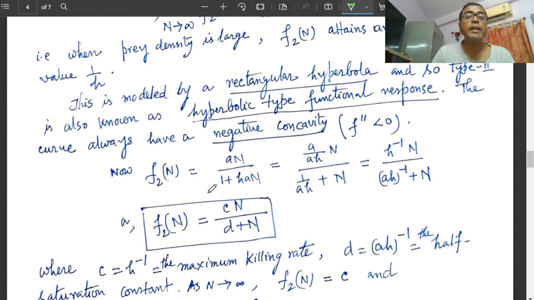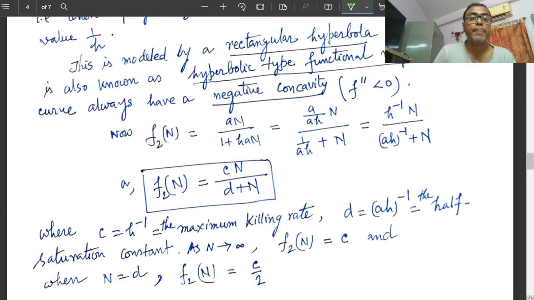And f2(n) equals an/(1 + ha·n). Dividing the numerator and denominator by ah, we cancel, and get f2(n) = h⁻¹n/((ah)⁻¹ + n). So f2(n) can be represented as Cn/(d + n), where C equals h⁻¹ and d equals (ah)⁻¹.